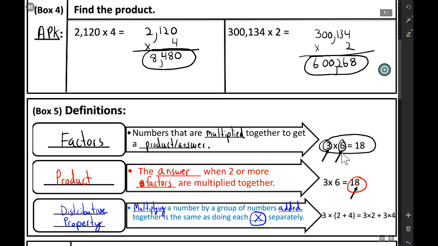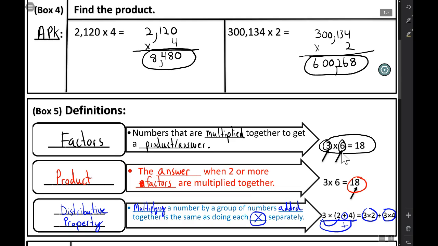Multiplying a number by a group of numbers added together is the same as doing each multiplication separately. For example, over here on my right hand side I have 3 times parentheses 2 plus 4, okay? And what we use the distributive property for is, rather than saying this, I can just say 3 times 2 plus 3 times 4, okay?